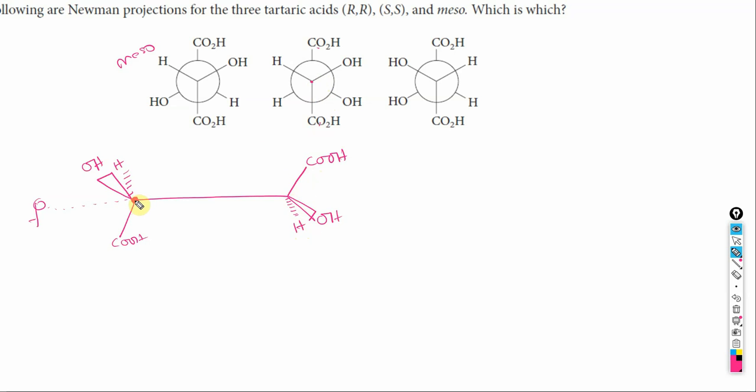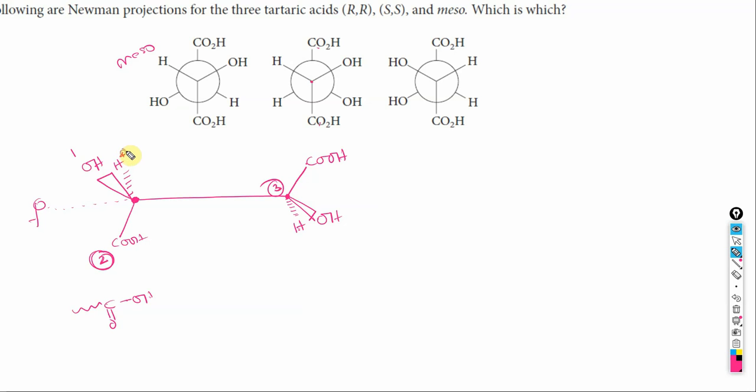As far as this carbon is concerned, that is priority 1, this will be priority 2, and this will be priority 3. This will be 2 because this carbon is attached to 3 oxygens, whereas this carbon is attached to 1 oxygen, 1 carbon and a hydrogen. Therefore this is priority 2. This will be 3.